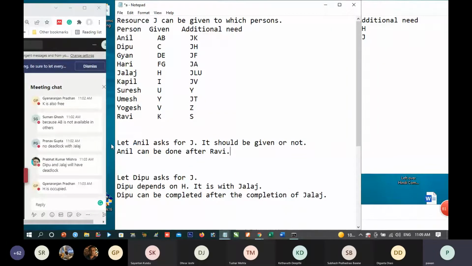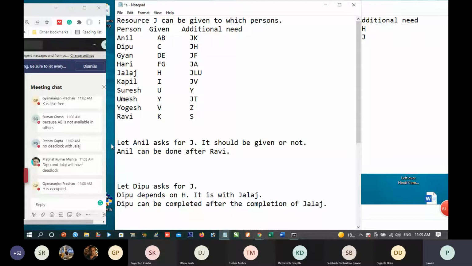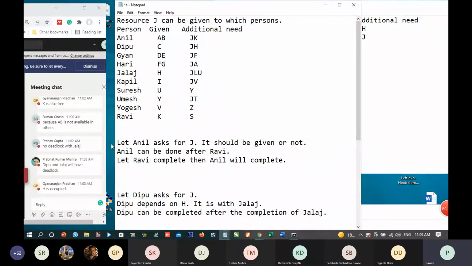Let Ravi complete, then Anil will complete. So J can be given to Anil. So the reason given by Gyan is wrong.